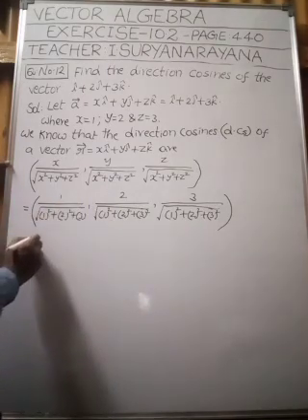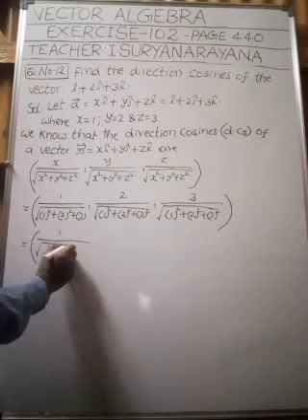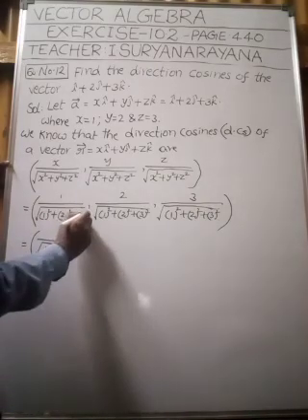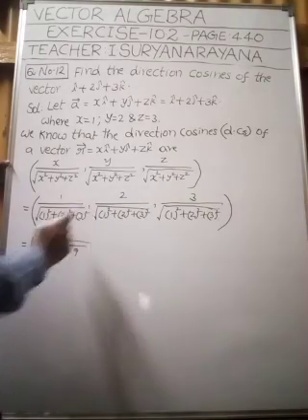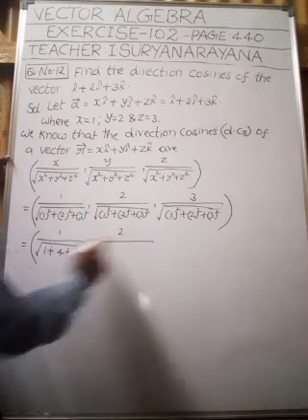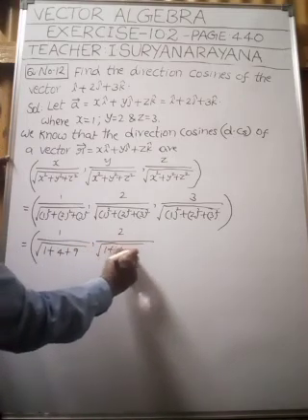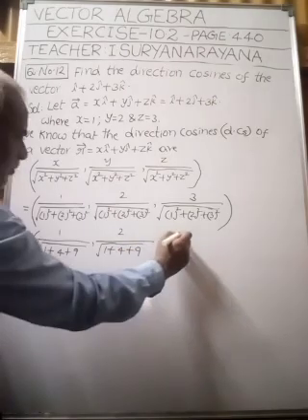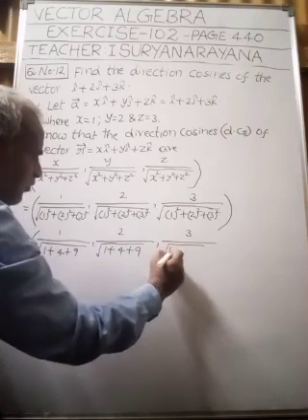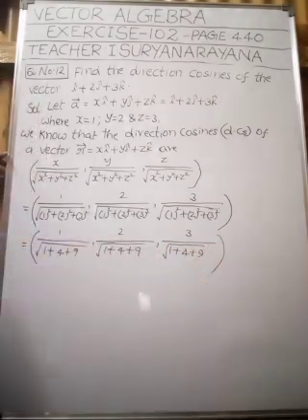Right. That is equal to 1 by square root of 1 plus 2 square value is 4 plus 3 square value is 9. Okay, my children. Right. Similarly, 2 by the same square root of 1 plus 4 plus 9, comma 3 by square root of 1 plus 4 plus 9. Understood this step, my children?